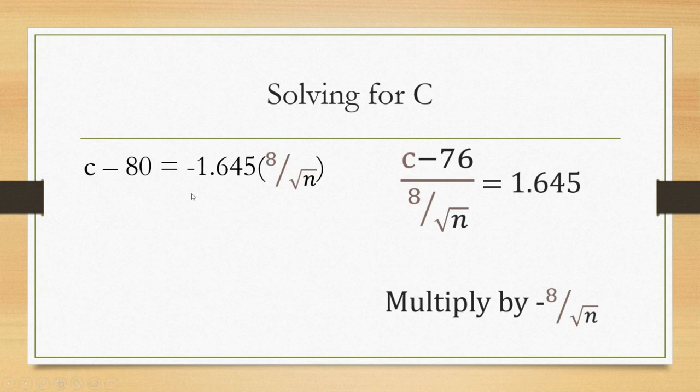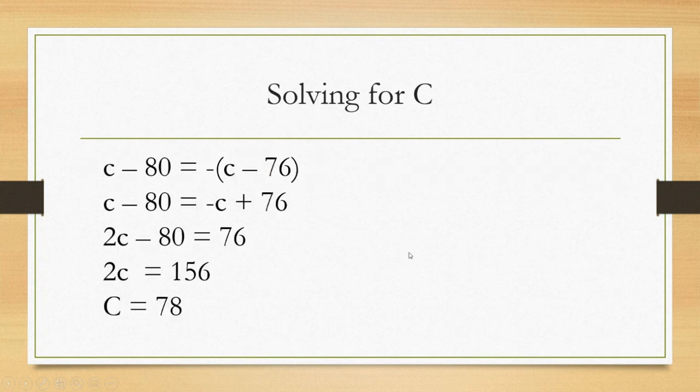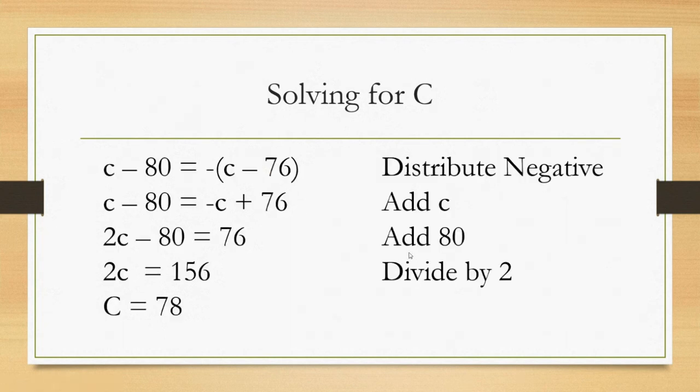Since we see this is the same as this, we can make these equal to each other. The steps we did were distribute the negative, add C to both sides to get the variables together, add 80 to both sides, and finally divide by 2 to get the variable by itself.